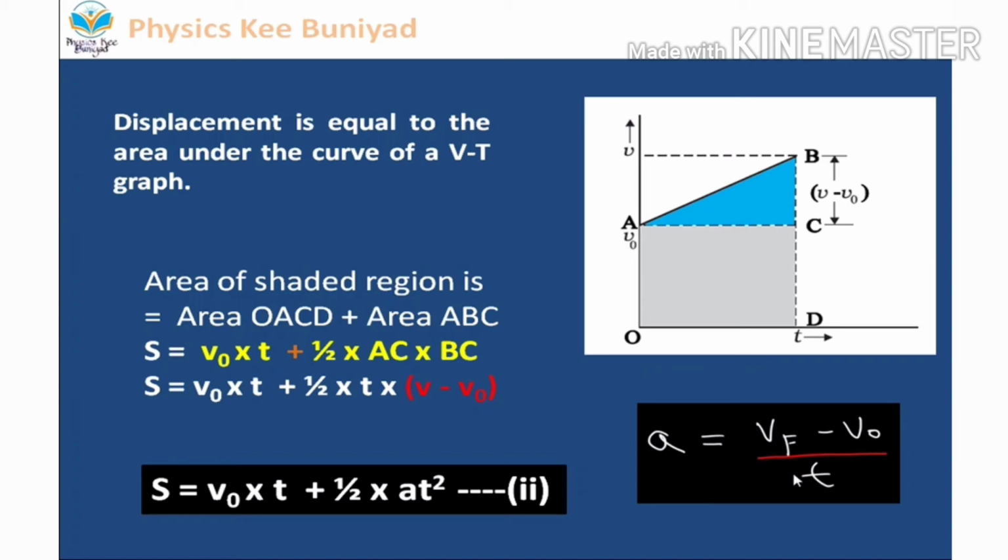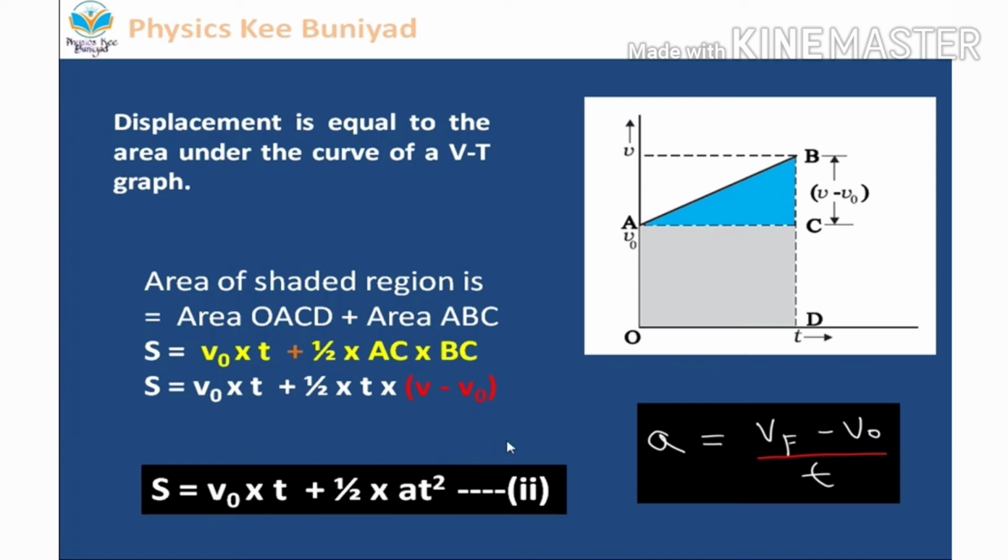Here it is a t because v minus v0 equals a t, and t is already there, so it is a t square, so half a t square. This is the second equation of kinematics, you can say the equation of motion. Here s represents the displacement, v0 represents the initial velocity, t the time taken to reach the final velocity, and a is the acceleration.